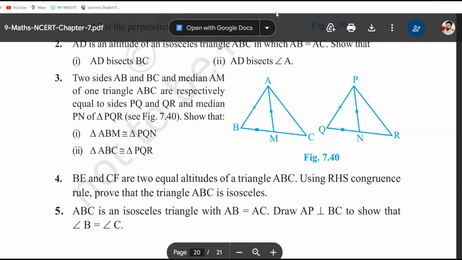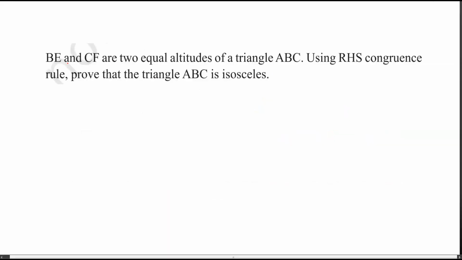So you need to prove this triangle as congruent. It is being given to you. Here it is being given that BE and CF are the two altitudes of a triangle ABC. So let ABC be a triangle, and these are the two equal altitudes.